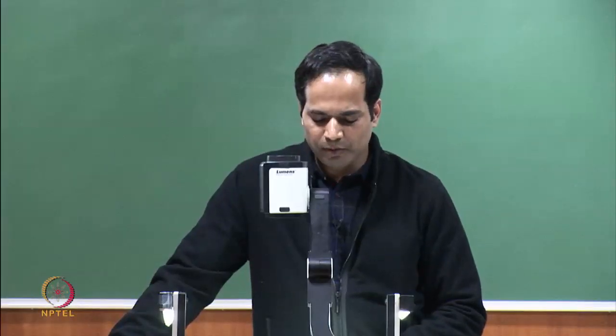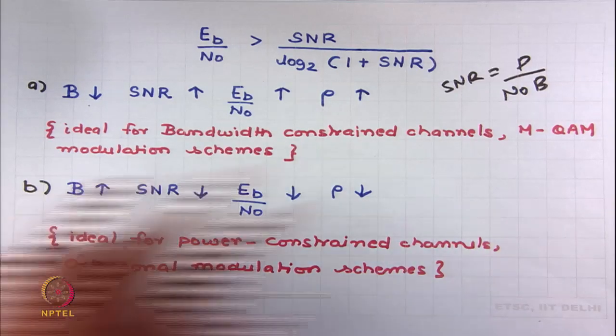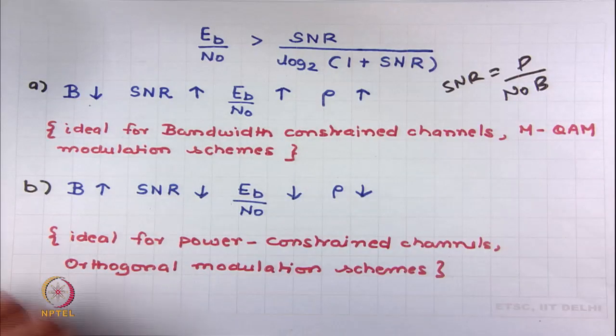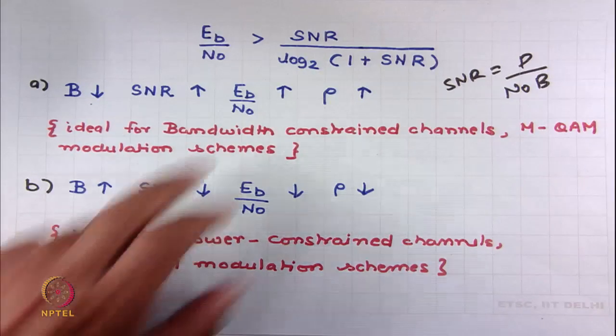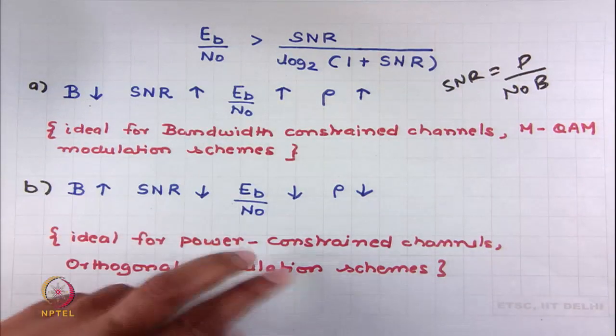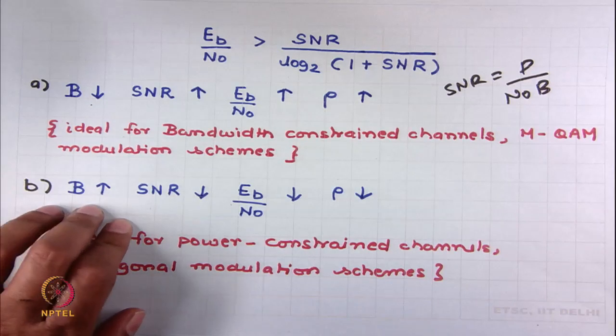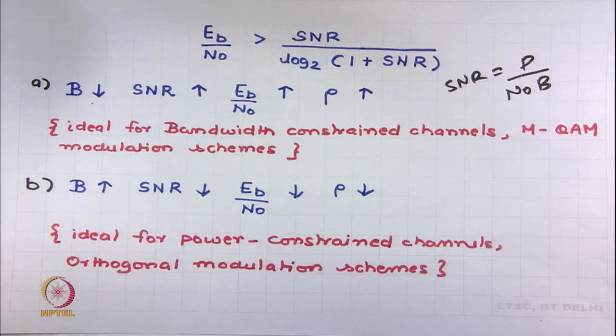The other strategy could be to have larger B's. Larger B's allow for smaller SNR. SNR reduces, then from this expression you can see that EBNO requirement also reduces. However, when we are having large bandwidth, the spectral efficiency also reduces. And this thing we want to do over power constrained channels.